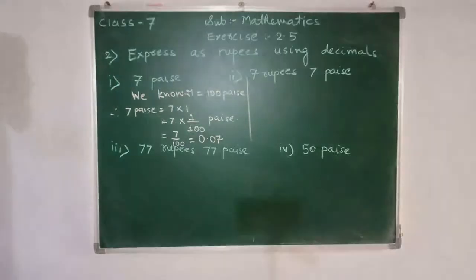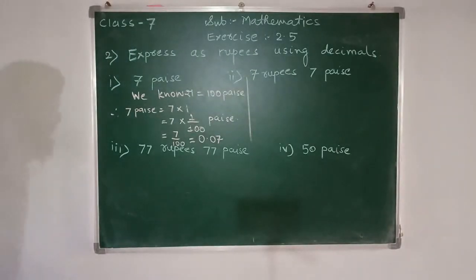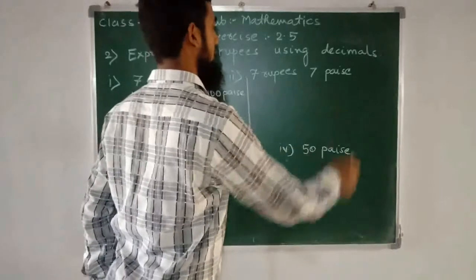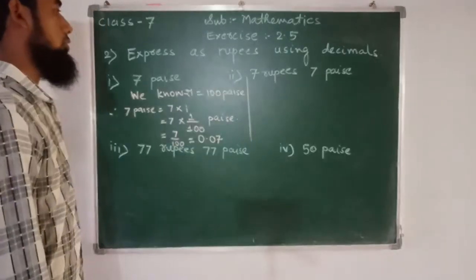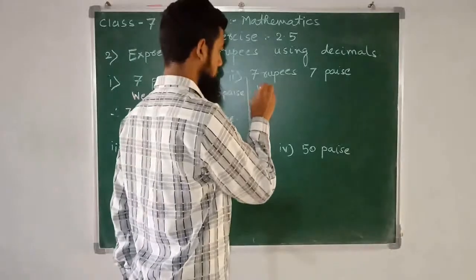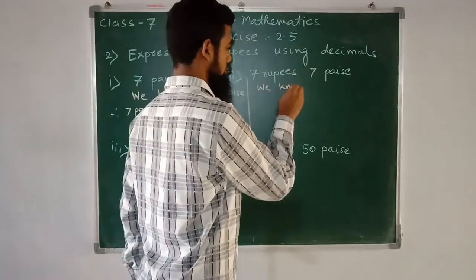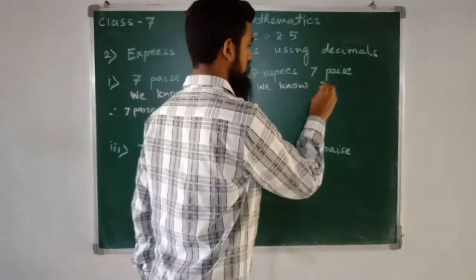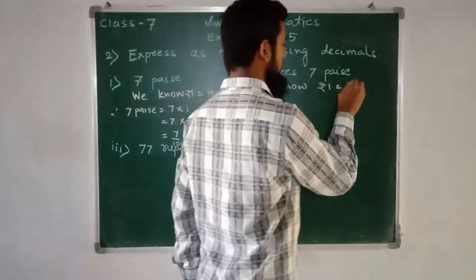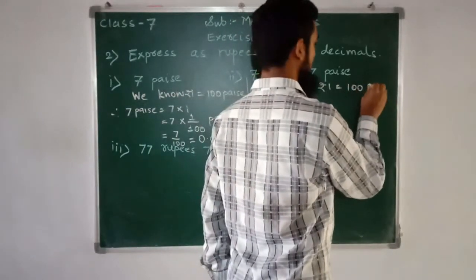Now we will move on to the second question. 7 rupees and 7 paisa. Okay, we know rupees 1 is equal to 100 paisa beta.